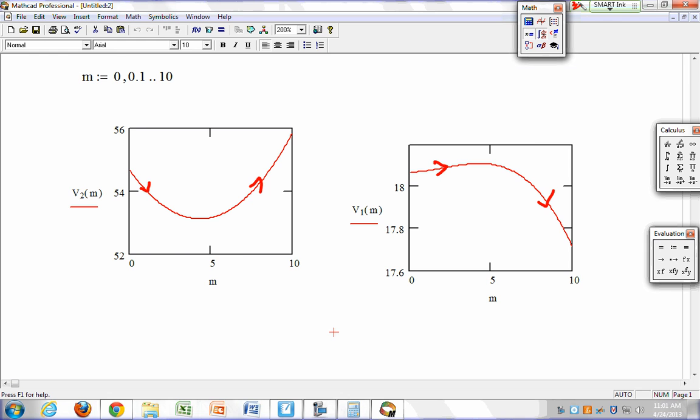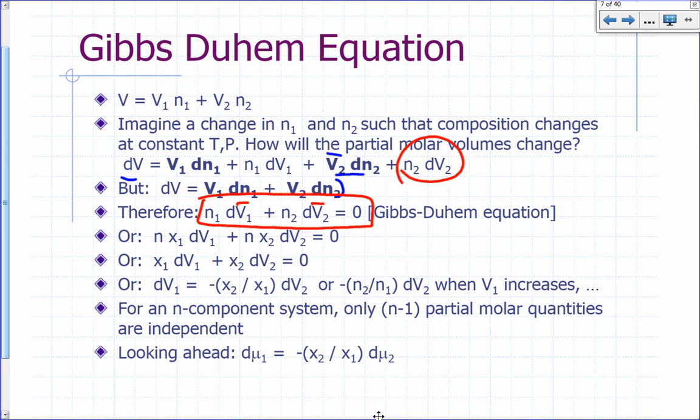Okay, so we can rewrite this equation in a slightly different form. We can say that N1 is the mole fraction of 1 times total moles, and N2 is the mole fraction of 2 times total moles. So you can factor out the N, and since the whole thing is equal to 0, N will just cancel out.